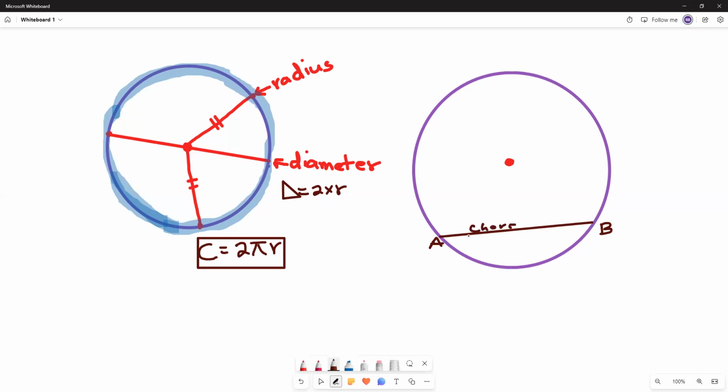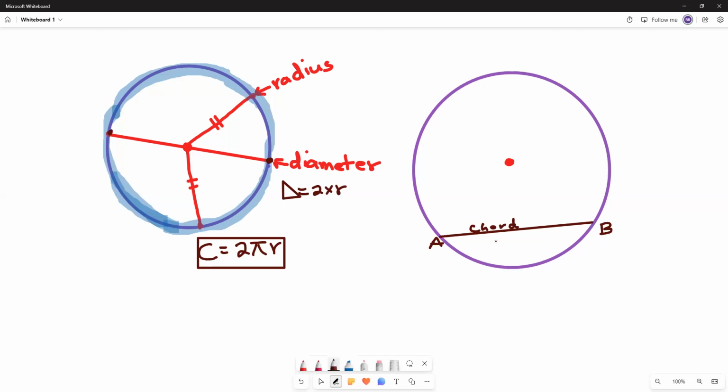Do you agree that the diameter, with the definition of a chord, we can call it a special chord, basically. The diameter is a chord that passes through the center of the circle. It's a chord that is going to divide the circle into what? Into 2 equal segments.